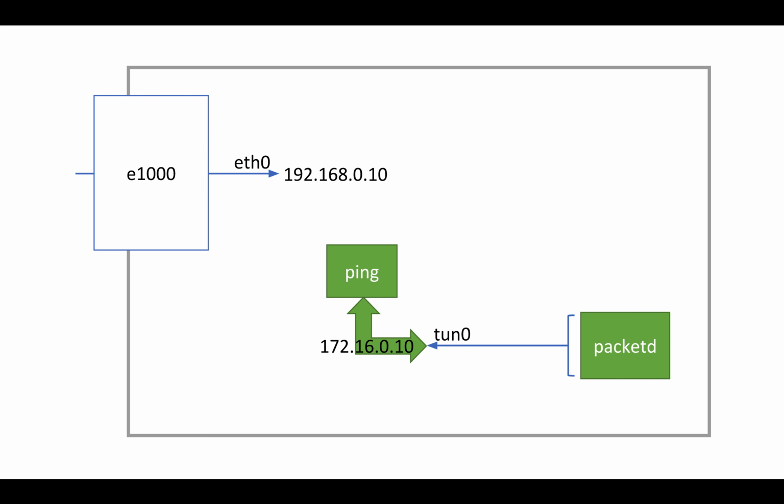So now we can ping 172.16.0.10, and the result of that, when ping makes the connect system call or whatever it does, is that we're not twiddling LEDs or voltages on a wire. Instead, the contents of that packet in memory is being delivered into the program packet D. Packet D is being woken up and given this array of bytes, and it can do whatever it chooses with it.